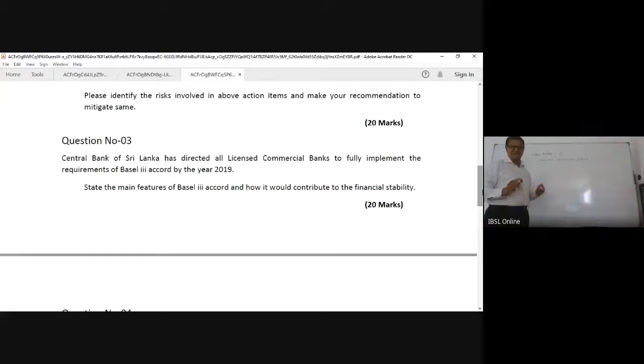So I think Basel 3 is also in the same line after Basel 2. So what we need to mention is what we have covered under Basel 1 and 2.